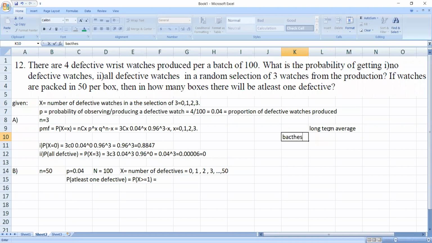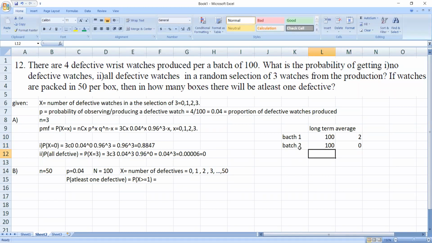So I have batch 1. I'm producing 100 watches on a particular day. I might observe only 2 defectives. Next, in batch 2, I'm again producing 100 watches.